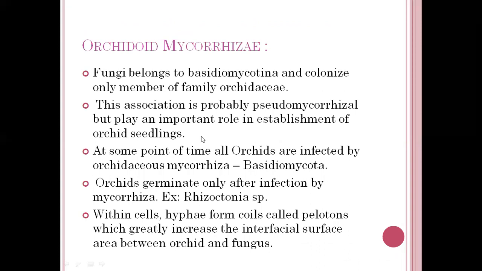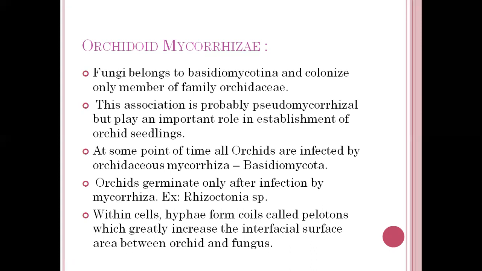At some point, you can say that all the orchid plants will form the mycorrhiza. The fungus of the Basidiomycota will at some point form the mycorrhiza with the orchid plant, and they play an important role in the formation of the orchid seedling.